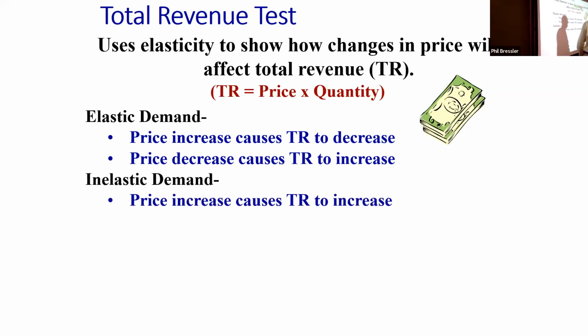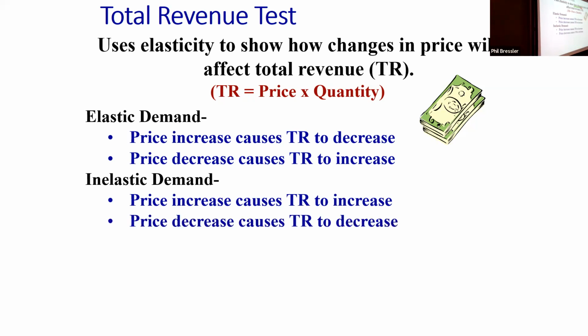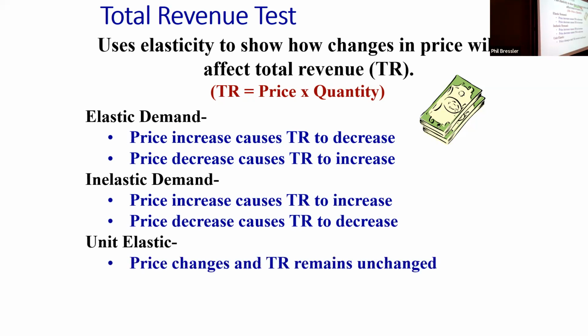For an inelastic good, if price increases, quantity demanded goes down a little, so price times quantity, total revenue, goes up. For inelastic, I think like an I: I for inelastic, direct correlation between total revenue and price. Both are going in the same direction. And then unit elastic, price could change, but total revenue remains unchanged. That's because elasticity is 1, so if price goes up 10%, quantity demanded is going to go down 10%. So you can actually be in the same spot.